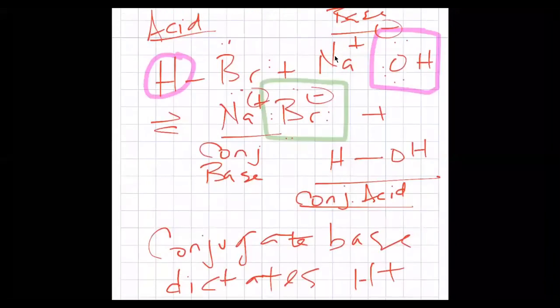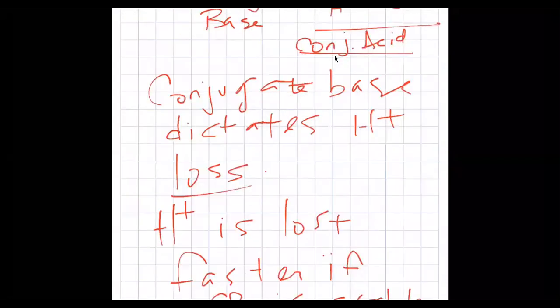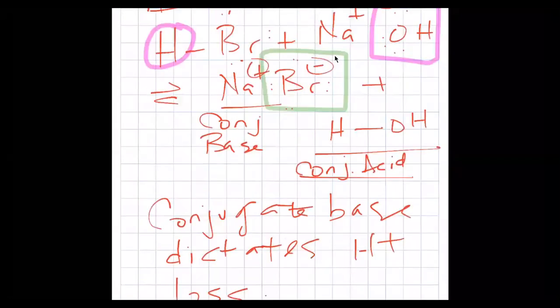So in an acid-base reaction, you've got an acid and a base, and that's going to give rise to a conjugate acid and a conjugate base. Based on what you see here in this example, what's the conjugate base? Where does it come from? Anybody? No, speak out at once now.